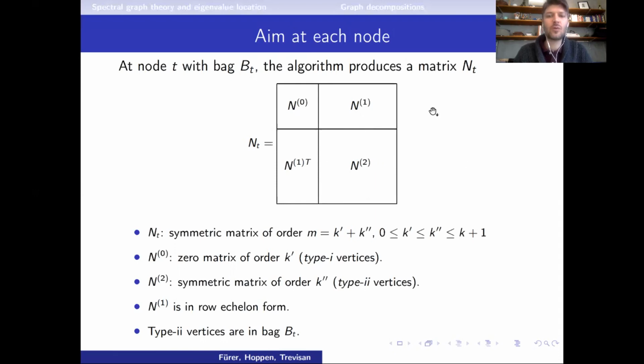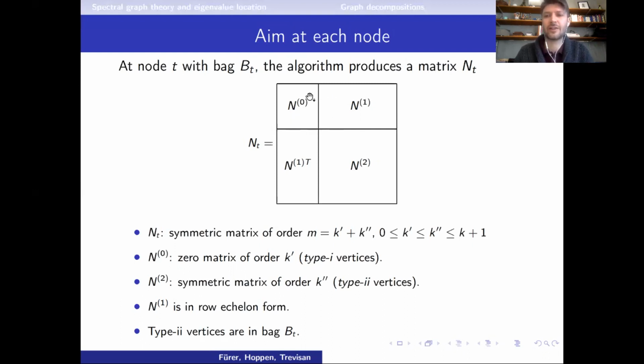And N1 is going to be a matrix in row echelon form. For you to understand, those are the ones in the bag that we are considering right now. And those are the ones that we didn't get a chance to diagonalize because we had 0 in the diagonal.